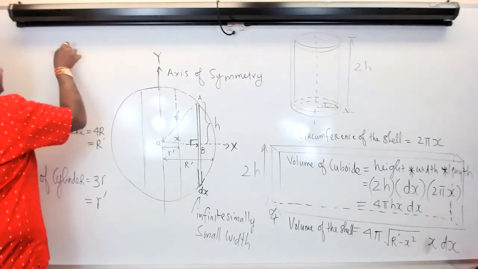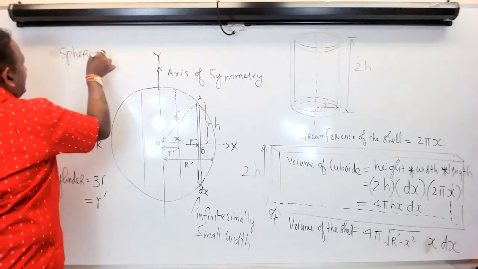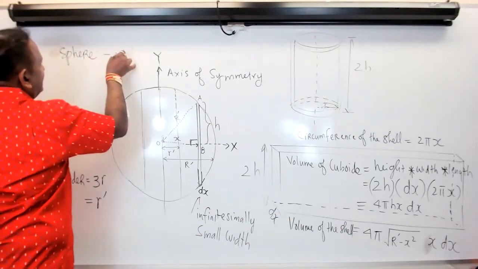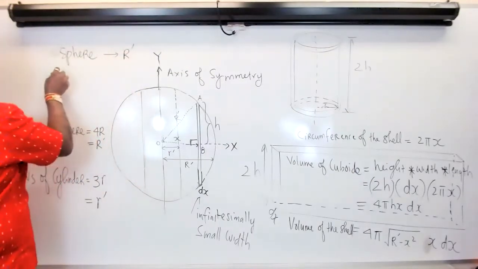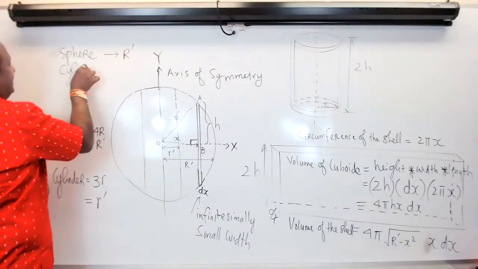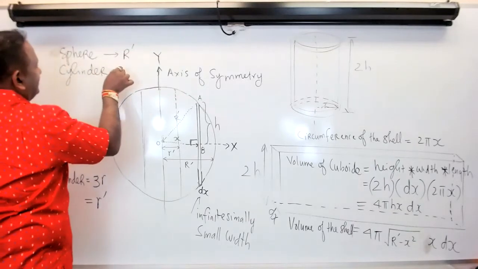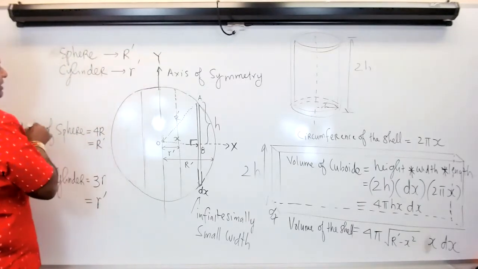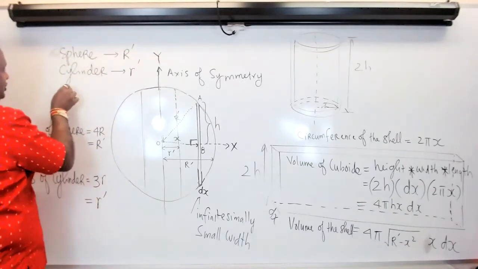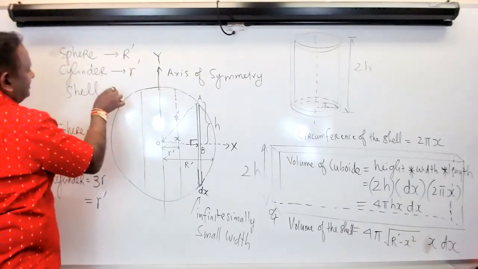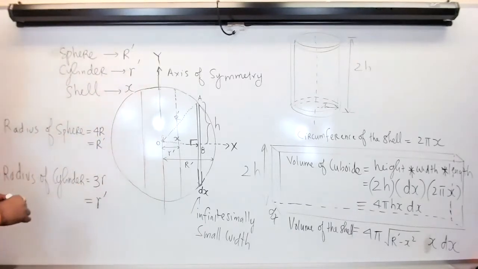Sphere has a radius capital R prime, cylinder has a radius small r prime, and shell has a radius x.